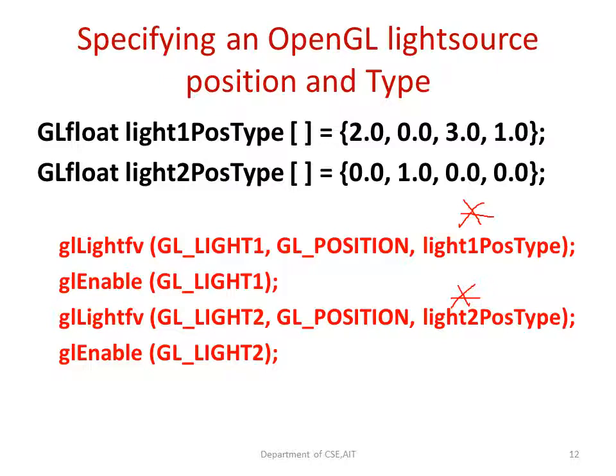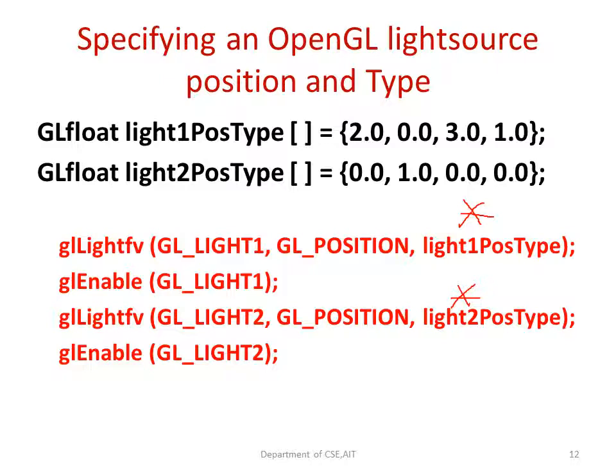In the GL light FV, the first parameter is which light. So I am talking about light number 2. We know that the light numbers start from 0. So 0 is the first light. GL light 1 is the second light. And the second parameter is GL position. For this GL position, I need to have where actually this position will be. That is given in my position type.